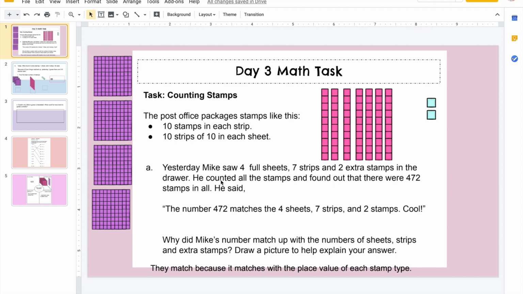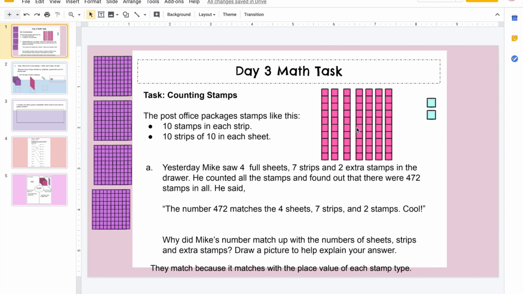Because Mike went in order of full sheets, which represent the hundreds he found, and then Mike went to the strips, which represent the tens that he found, and then lastly, Mike counted the ones. So the numbers added up because he went in order of place value. So here you can see they match because it matches with the place value of each type of stamp.